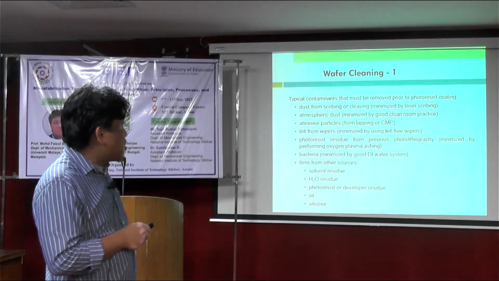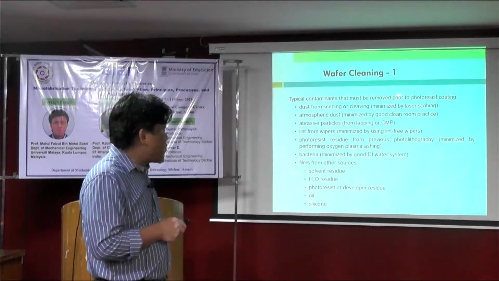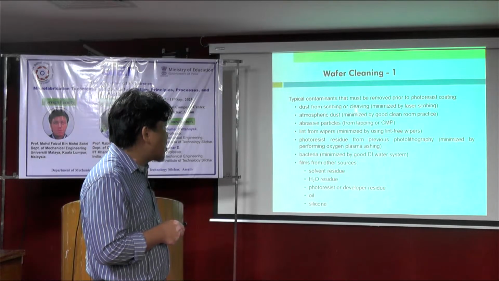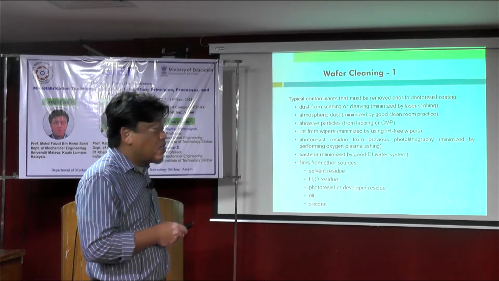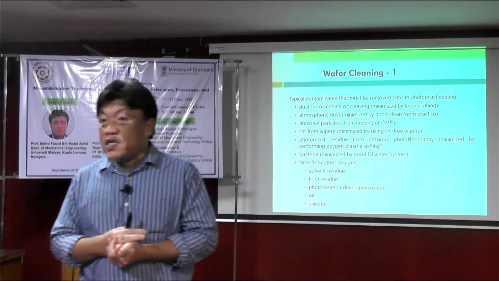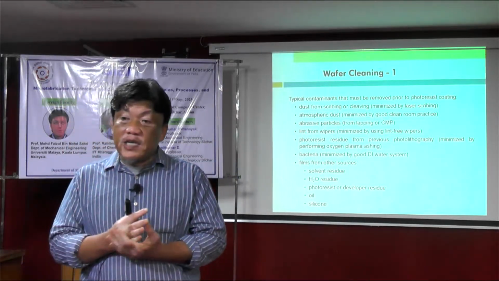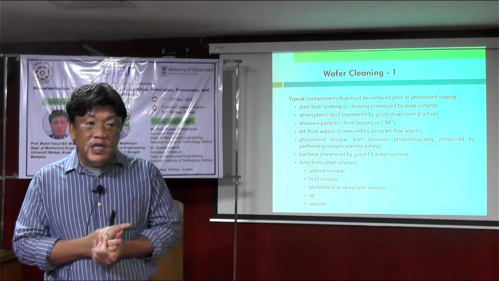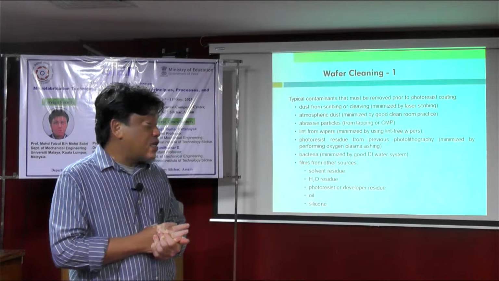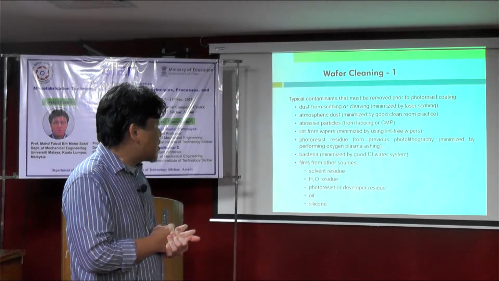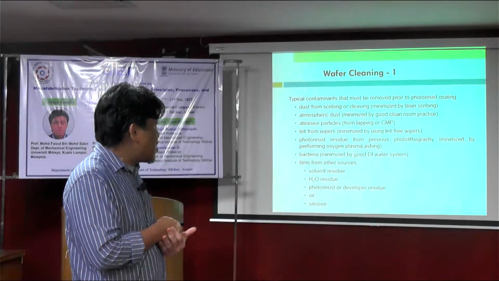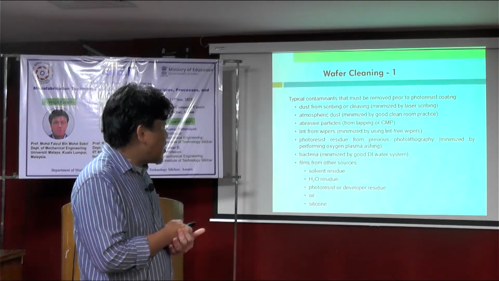So typical contaminants that must be removed prior to photoresist coating: dust from scribing or cleaving, minimized by laser, because in preparation of the wafer, you do slicing, you do dicing, etc., and the handling of the wafer might leave contamination on the surface of the wafer. Then atmospheric dust, minimized by good clean room practice.